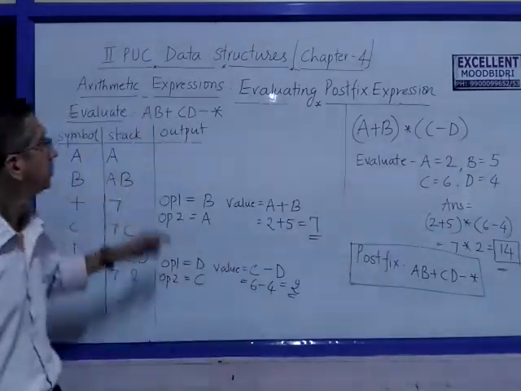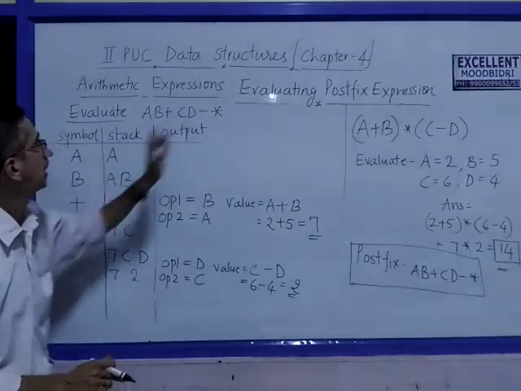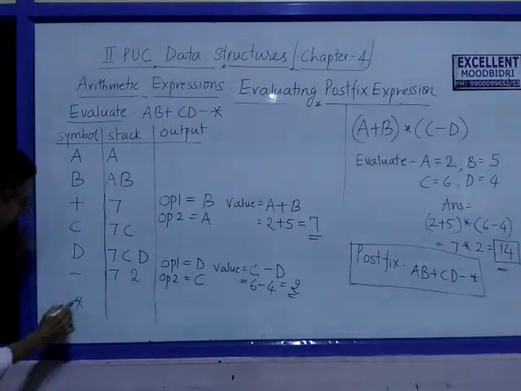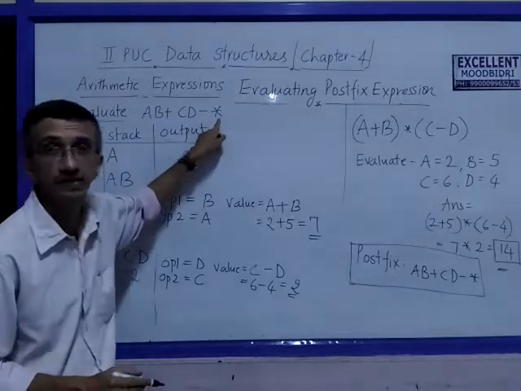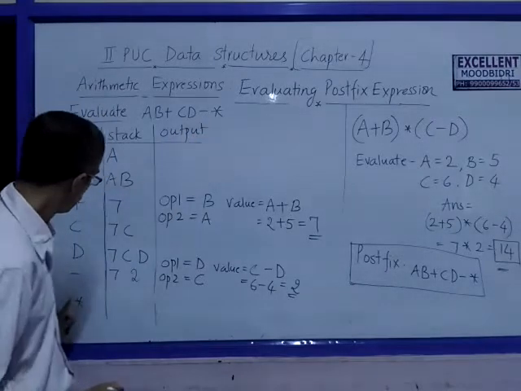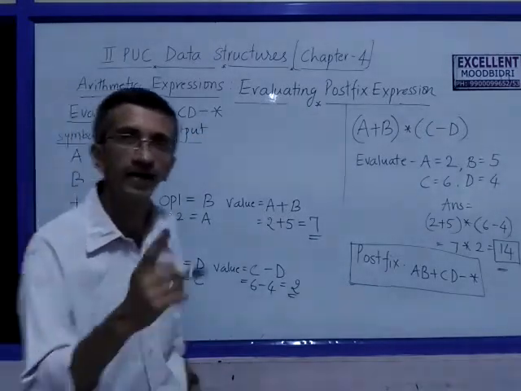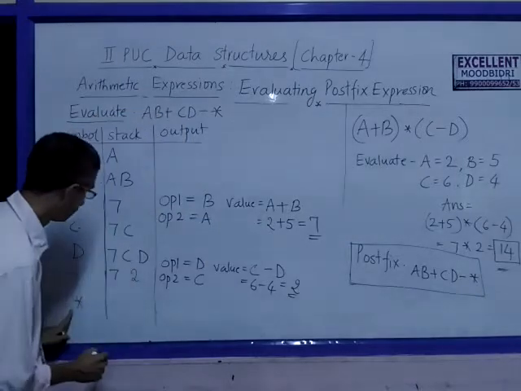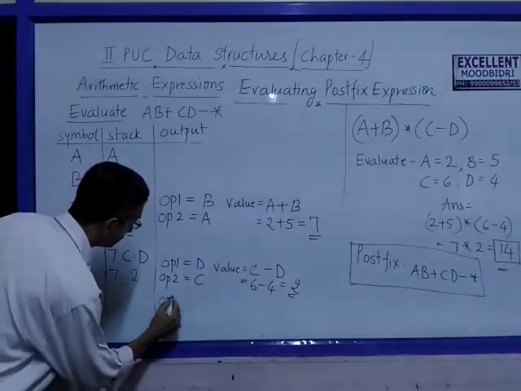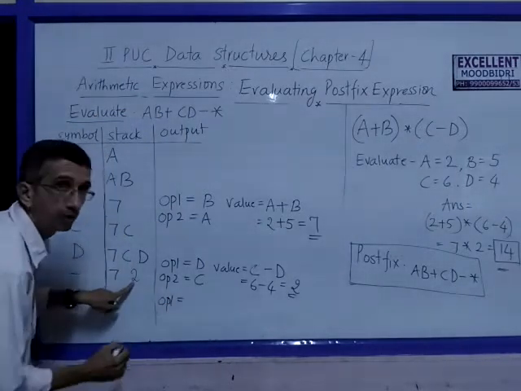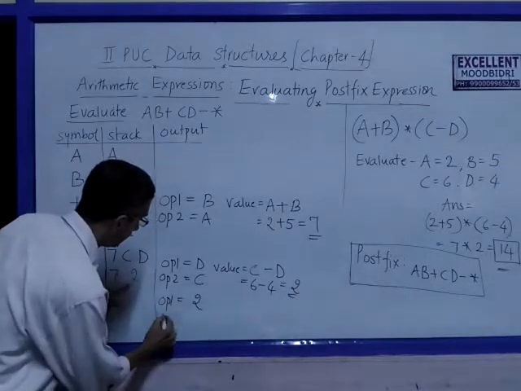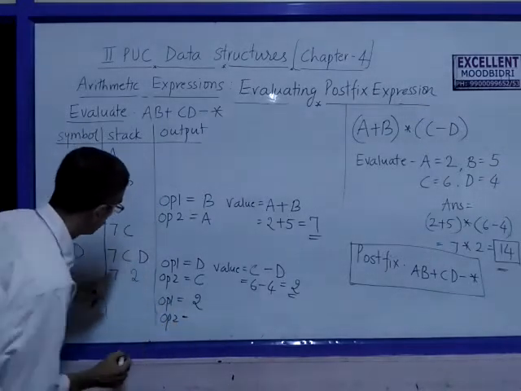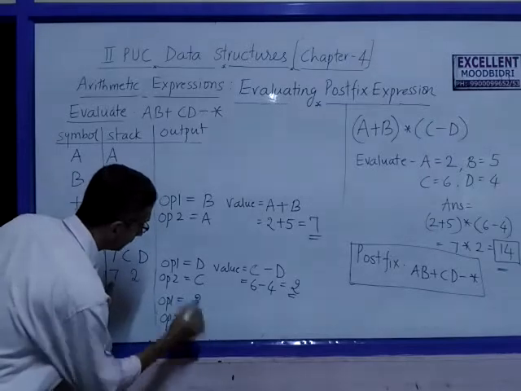Next is the star operator. After minus, the next symbol available is star, the last symbol. So this is also an operator, and again the same calculation. Operand 1 is equal to first pop 2, operand 2 is equal to the second pop 7.